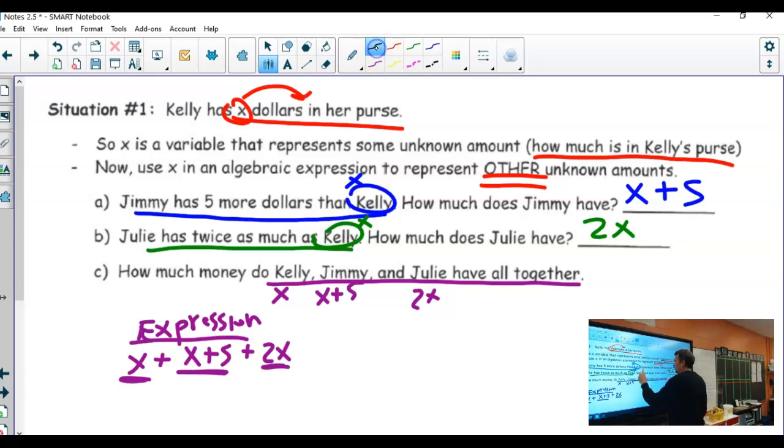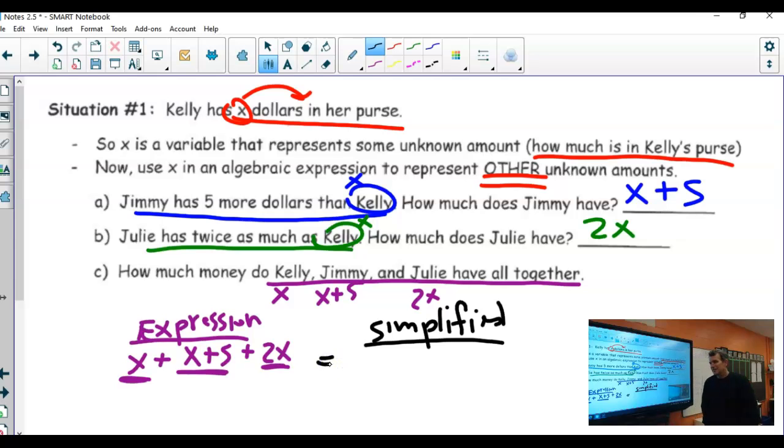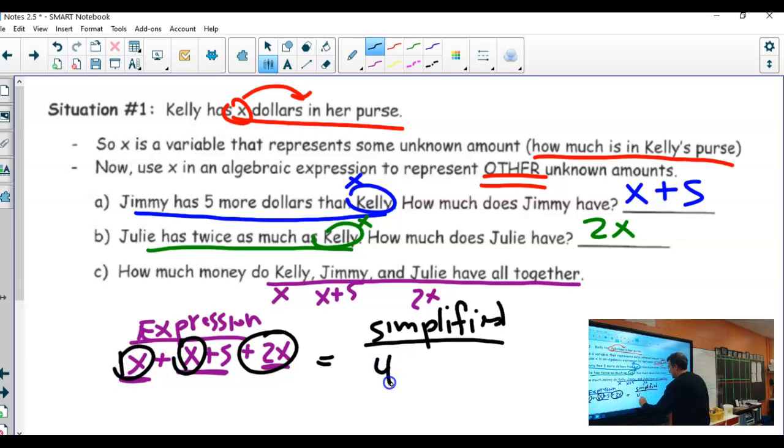If I wanted to simplify that expression, which we probably would want you to do, we would add the like terms together. That would be the X and the X and the 2X. So 1X plus 1X is 2, plus 2, that'd be 4X plus 5. And that'd be how much they have all together, right?